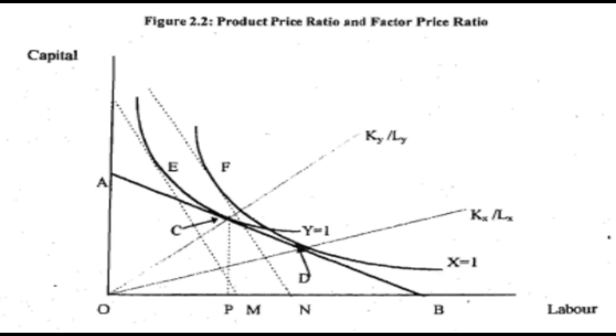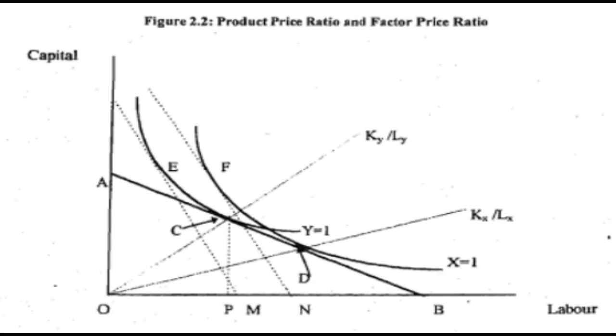Since AB is tangent to both the isoquants, the cost of producing one unit, or the average cost, is the same for X and Y. Thus, with the factor-price ratio given by the slope of AB, the average cost ratio or the product-price ratio is 1, that is, P is equal to 1, and at this factor-price ratio the capital-labor ratios of the two industries are represented by the slopes of the lines joining O with C and D. It is quite obvious that Y is capital-intensive and X is labor-intensive.